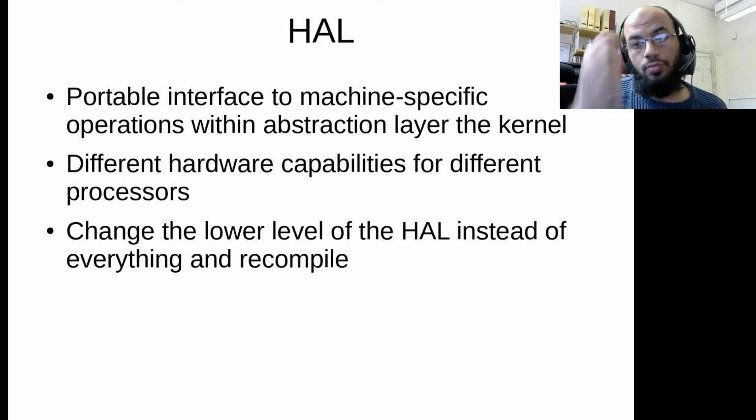This is pretty natural since you have different hardware capabilities for different processors. Some processors come with what is called a co-processor that helps the processor in doing some stuff, or a floating point processor, and so on. You always change the lower level of the HAL instead of changing everything in the kernel. And when you do that, of course, you need to recompile.